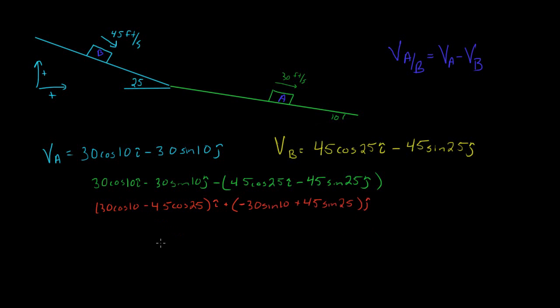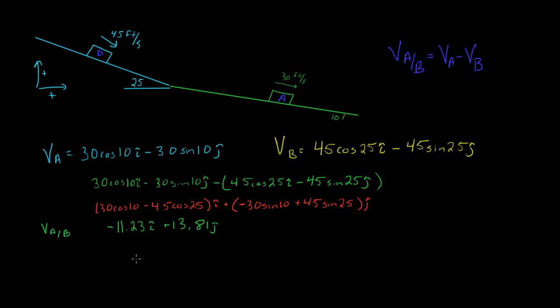When we combine them together we are going to get minus 11.23 i component plus 13.81 of a j component. So this is the relative velocity of A with respect to B.